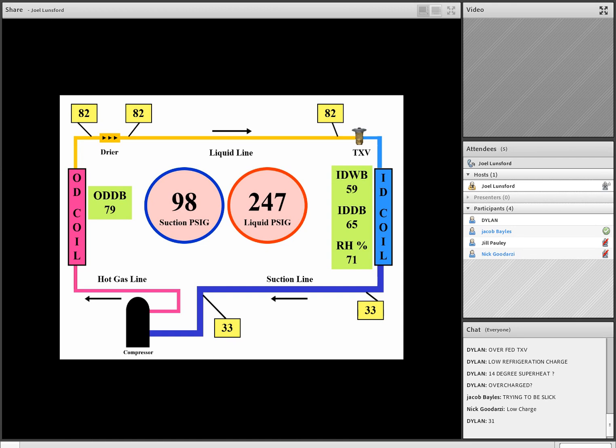So in this example, our superheat is low on the indoor coil, our subcooling is low on the outdoor coil, suction pressure is low, and liquid pressure is low. Everything is low. Now, the refrigeration components look fine. It doesn't look like we have a kink in the liquid line or the dryer, and the suction line looks okay. But we have low suction pressure, low liquid pressure, low superheat, low subcooling. In other words, everything is low. What's your diagnosis?